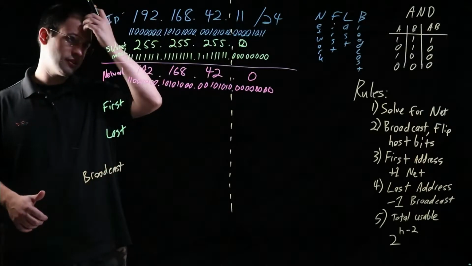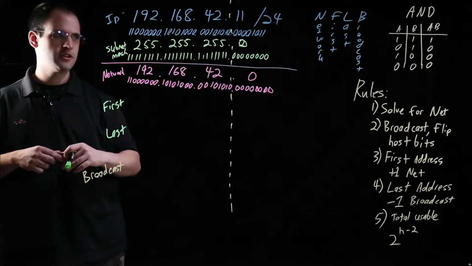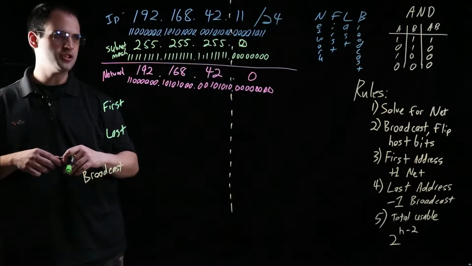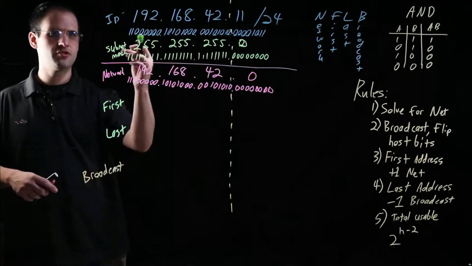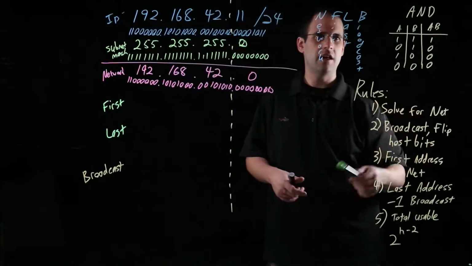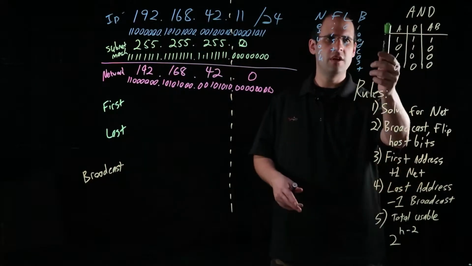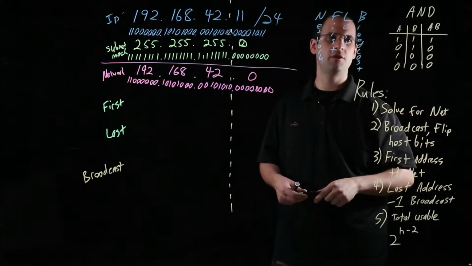In the last video we took a look at breaking down a given IP address and determining where it began, like what the network address is. We're starting to look at the range and scope of our address given an IP address and its subnet mask. We looked at a process called ANDing, where the A column was my IP address and the B column was my subnet mask.